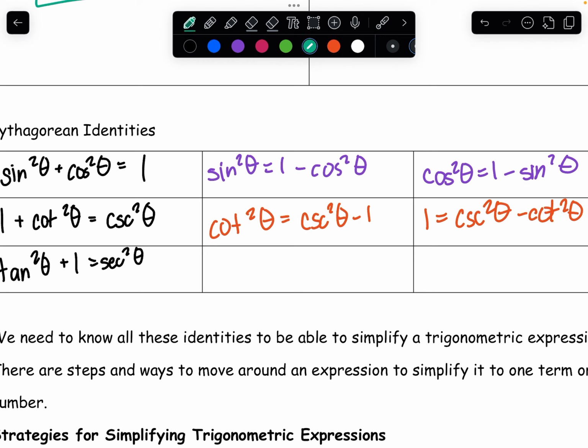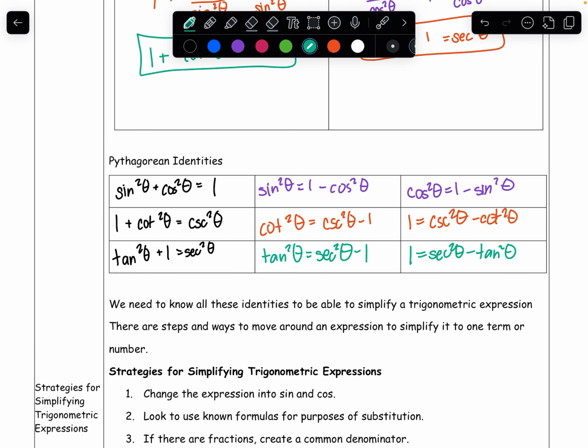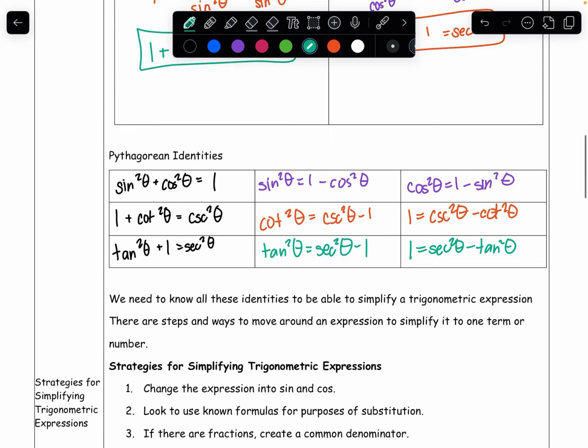And our last one, we can get tangent squared theta equals secant squared theta minus 1, and then 1 equals secant squared theta minus tangent squared theta. And so those are all of the Pythagorean identities that we can have.